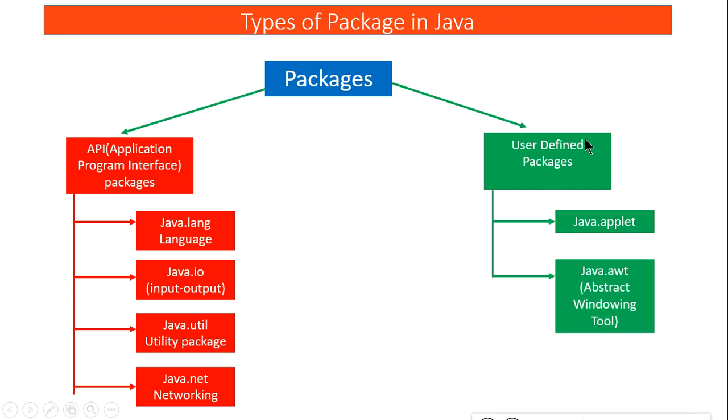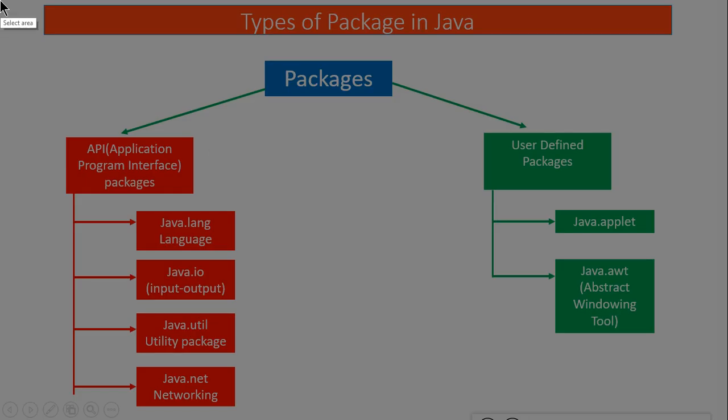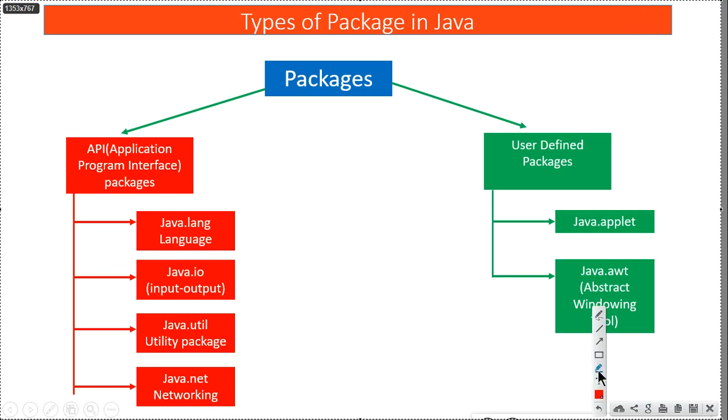Sorry for the confusion, these are not user-defined packages; this label is wrong. What should be placed here is GUI package, and here CUI package. So these are your CUI packages and these are your GUI packages.